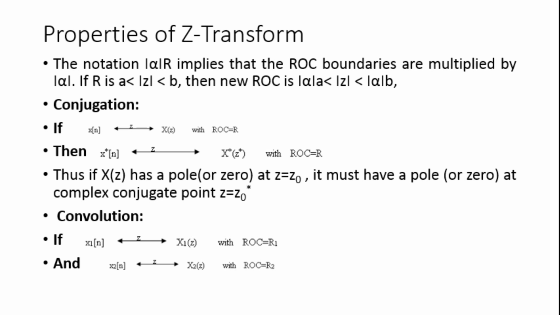If R is A less than mod z less than B, then the new ROC is mod alpha into A less than mod z less than mod alpha into B.